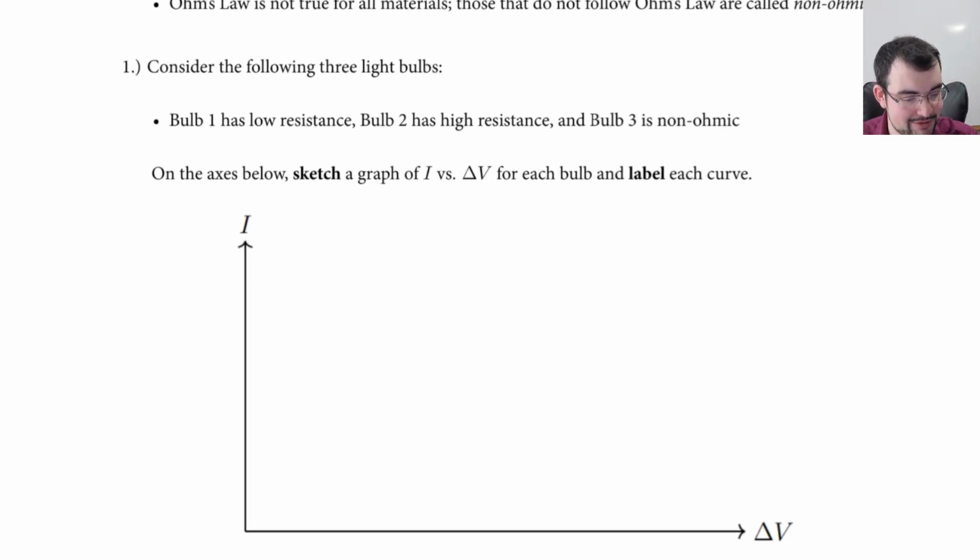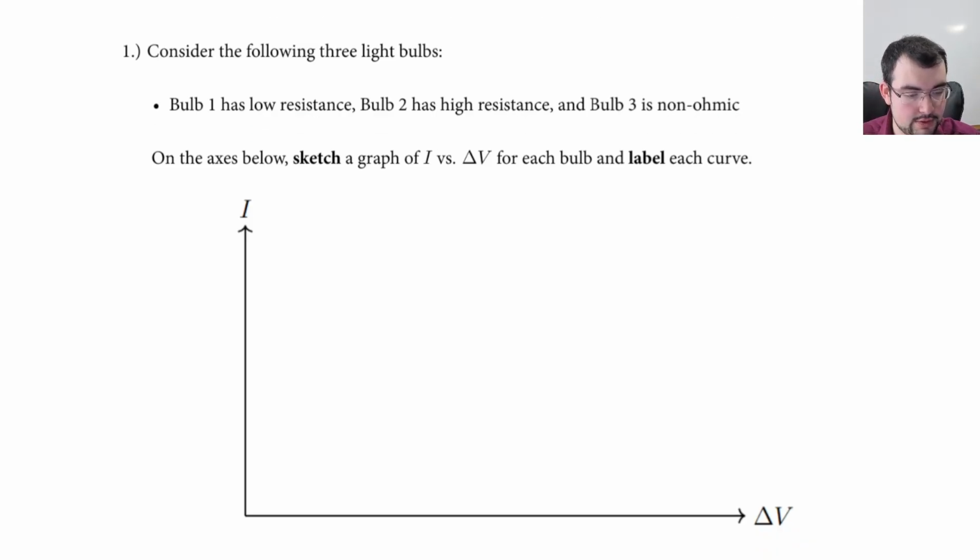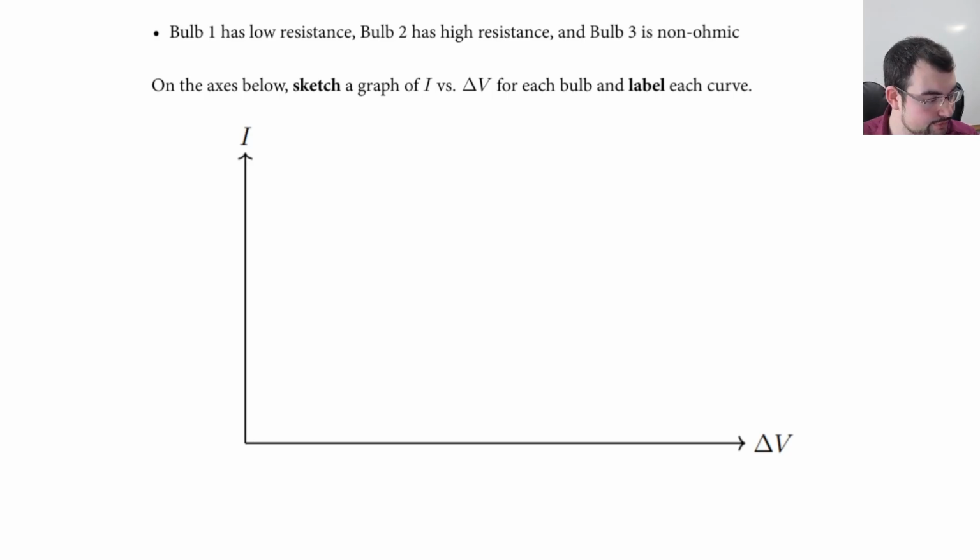So let's show some graphs here. We want to sketch I versus delta V for a low resistance bulb, a high resistance bulb, and a non-ohmic bulb. So first we'll just start. Let's think about what any of these curves should do. We know that delta V is sort of your height change or your energy change.